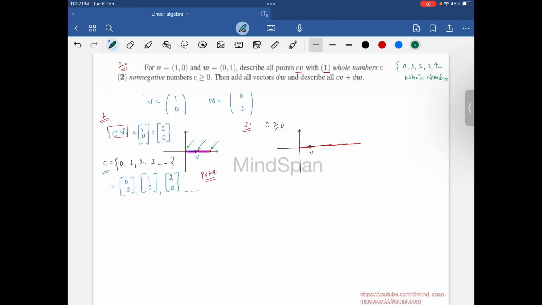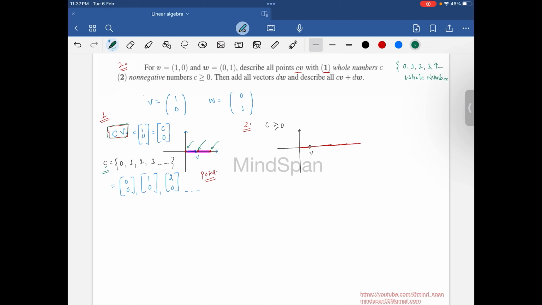With this c, we will not have these pink ones, right? With this definition of c, where c is a whole number, the space with this combination that we are getting is the point only, on the x-axis or along the vector v, right?